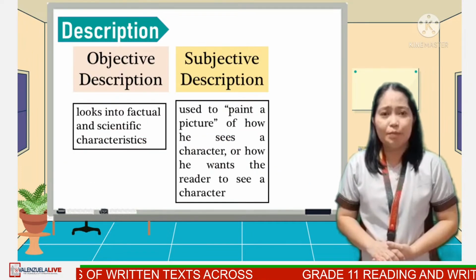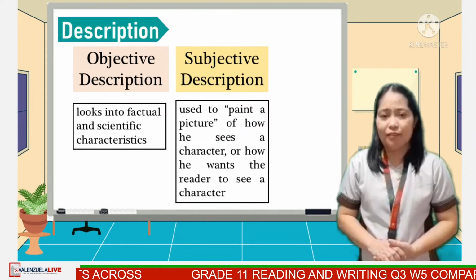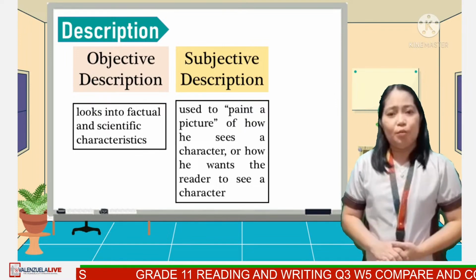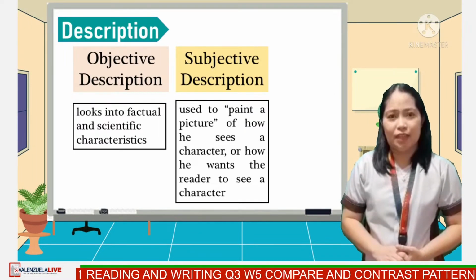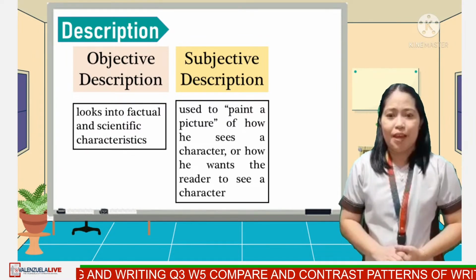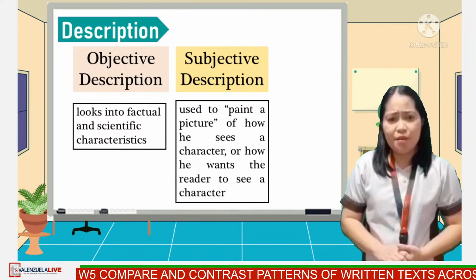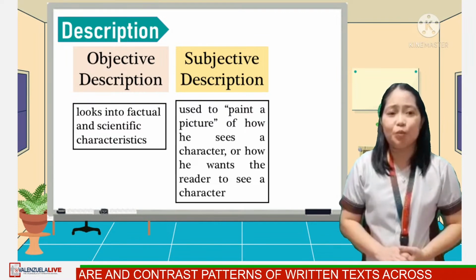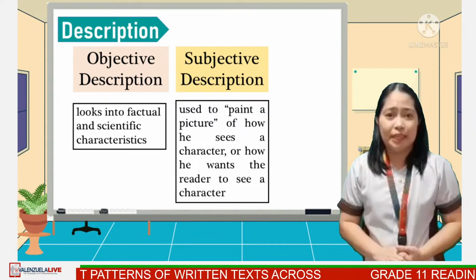There are two types of description: objective and subjective description. In the objective description, it looks into factual and scientific characteristics. It is used in reportorial and scientific writing or other writing in which the goal is to present an objective picture of an object or scene.